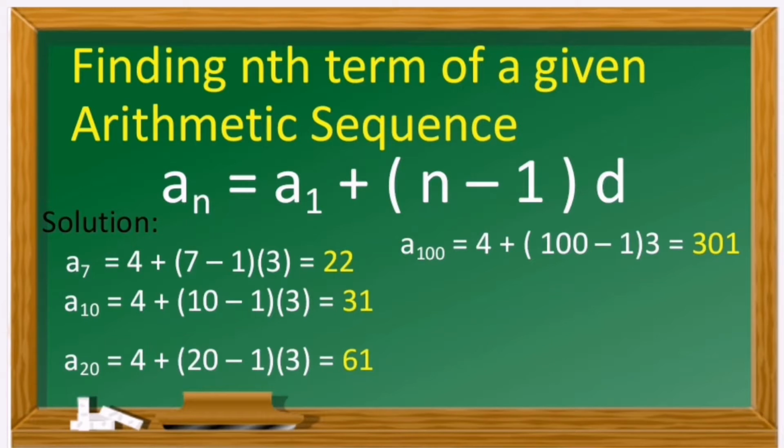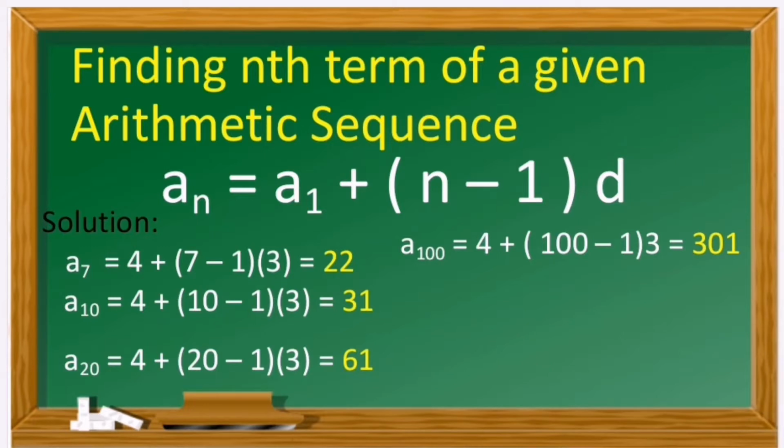And that would be equal to, voila, 31. Very good. Now what about the 20th term? If you're asked for the 20th term, that would be very easy. a sub 20 is equal to 4 plus the quantity of 20 minus 1 times 3.